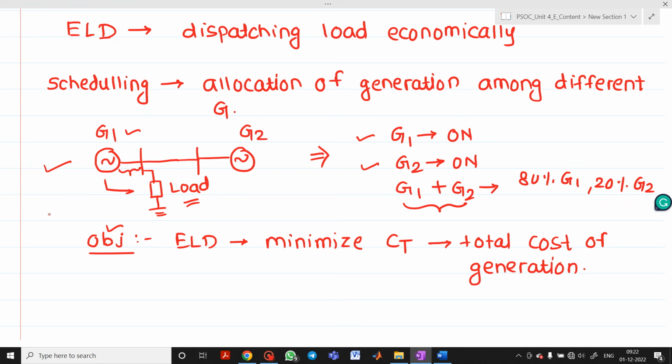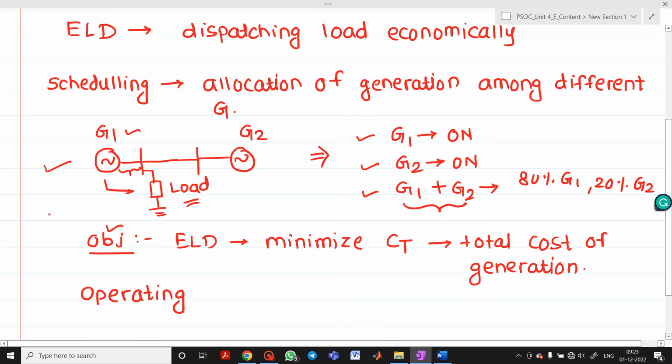If I use only G2, it might also run up to its peak condition depending upon the load. But if I use a combination of G1 and G2, then it will not immediately reach its peak condition, and whatever maintenance is associated with these two generators will be less.